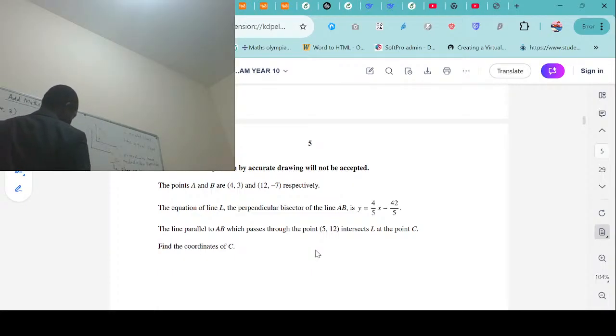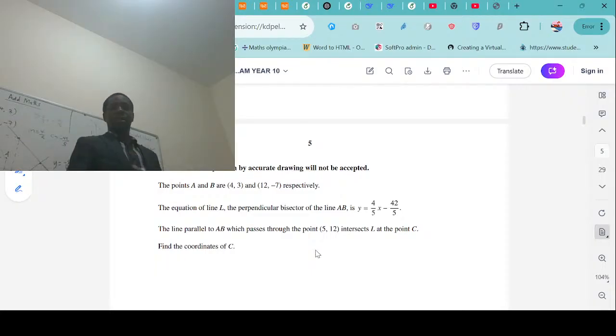Can you see that? 16 plus 25: 6 plus 5 is 11, carry 1, that's 41. So 41x equals 365 plus 168. 5 plus 8 is 13, 6 plus 6 is 12, 12 plus 1 is 13. So that will be 533. Therefore x is equal to 533 over 41.